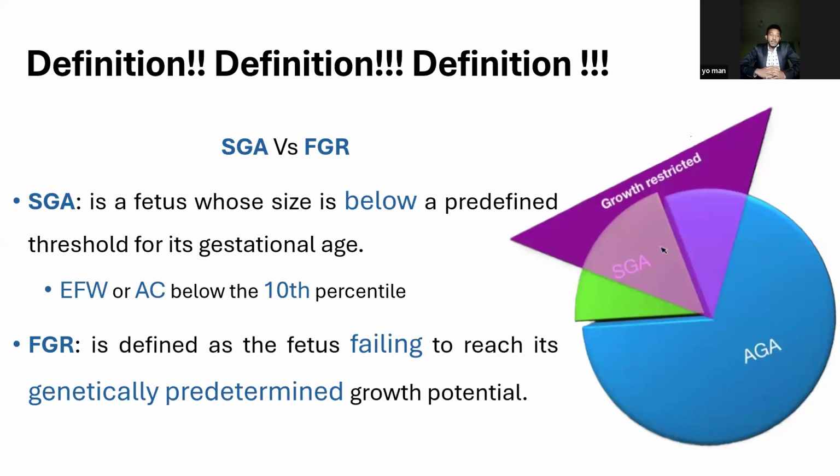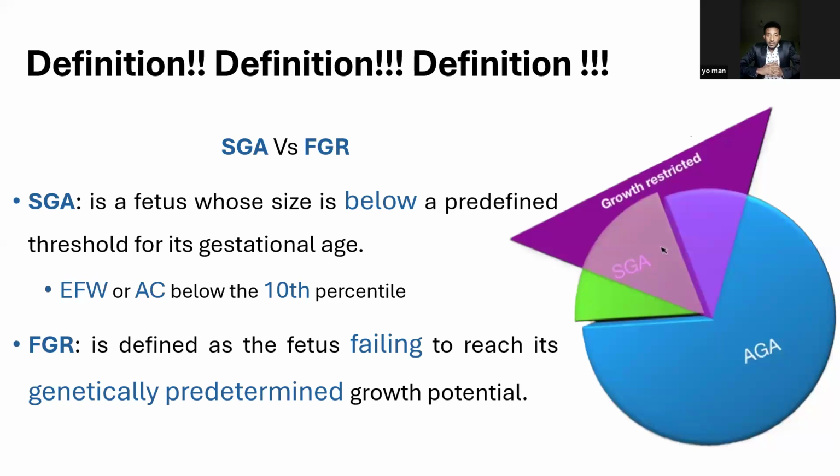The second thing is fetal growth restriction. Growth is hypothetical and difficult to determine with a single ultrasound parameter, so the definition is also confusing or arbitrary. But the most plausible definition that I'm going to present for FGR is a fetus failing to reach its genetically predetermined growth potential.